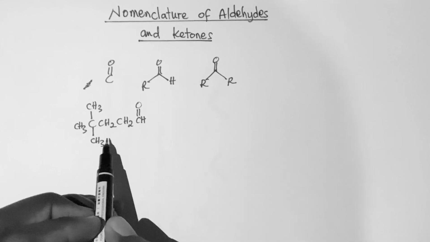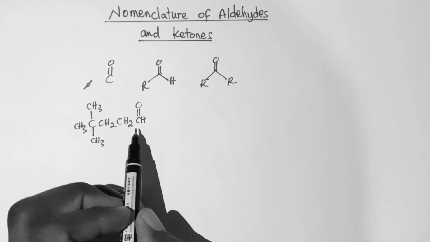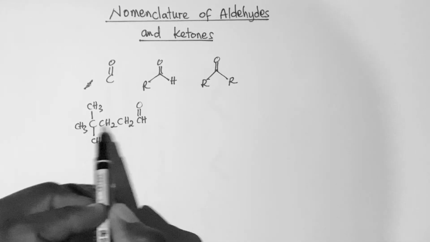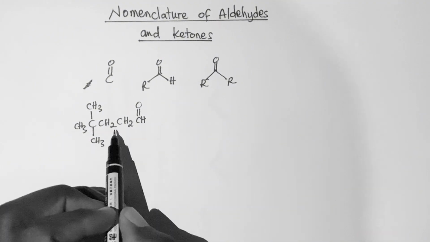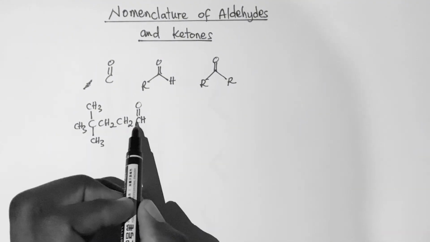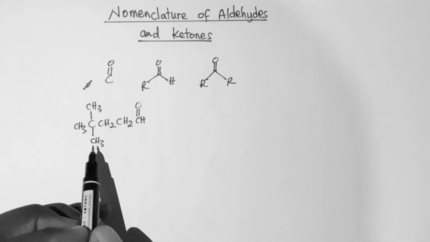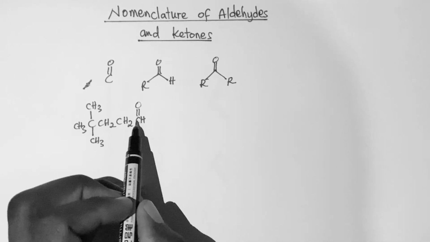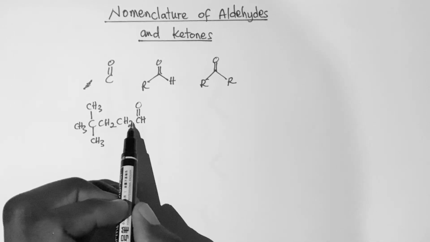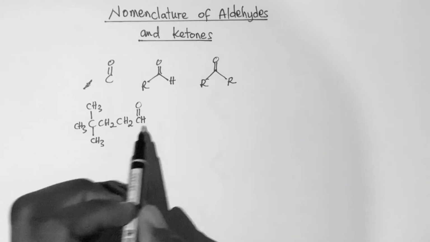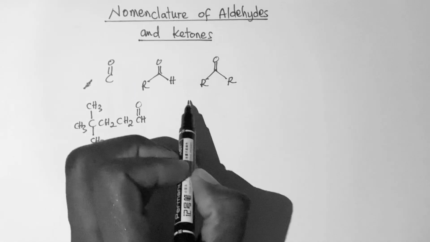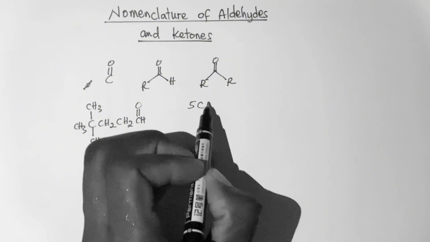The parent chain must contain the carbonyl functional group, so we start the counting from the carbonyl functional group. Starting from here, it becomes 1, 2, 3, 4, and 5. If we go the other way, it is also 1, 2, 3, 4, 5. So in this case, the parent chain contains 5 carbons.